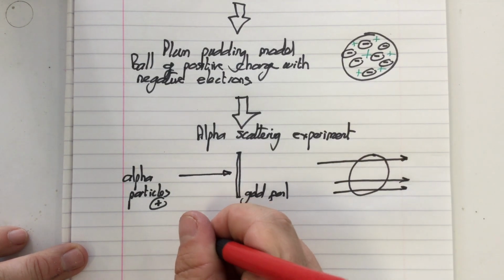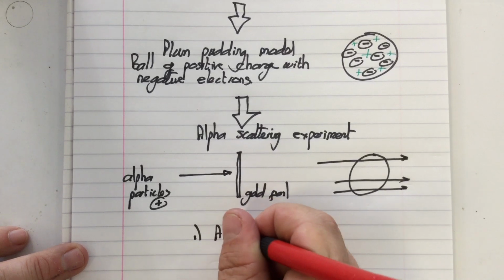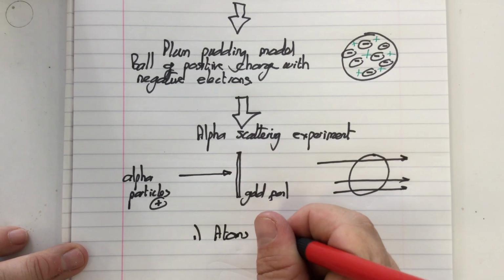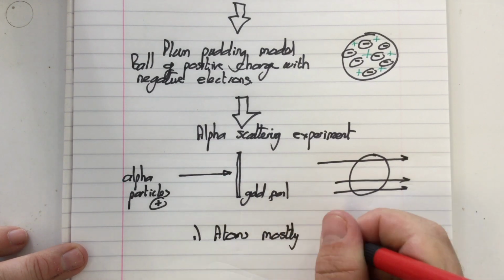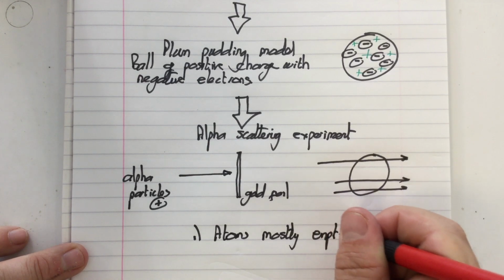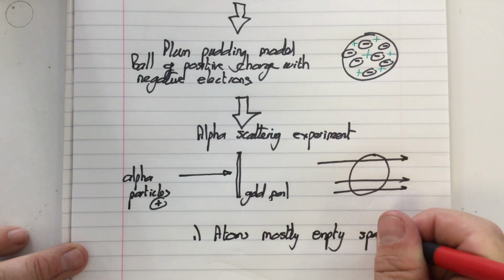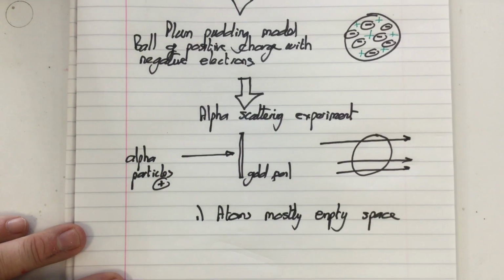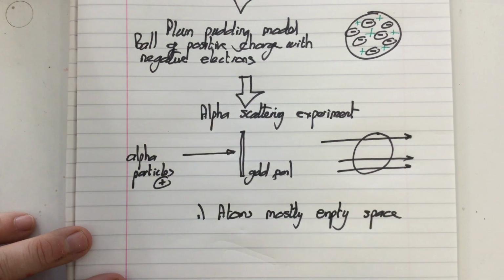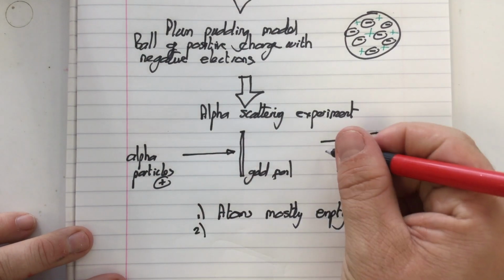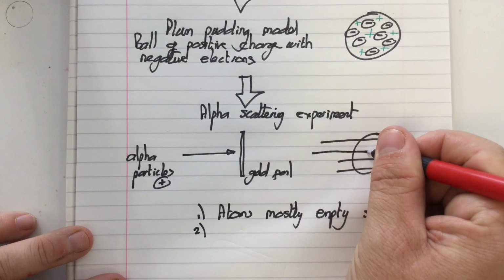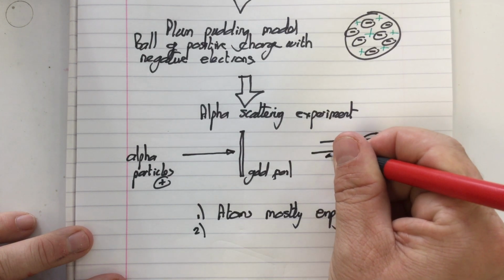So they realised, number one, the atom is mostly empty space, because the alpha particles were going straight through. However, the big discovery was that some of these alpha particles bounced back.